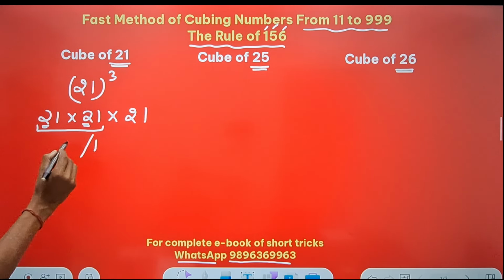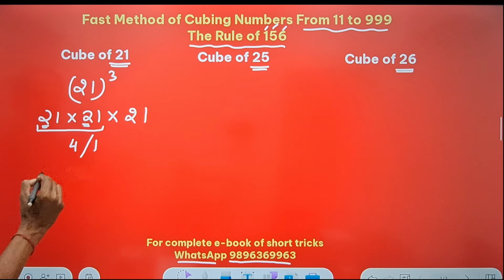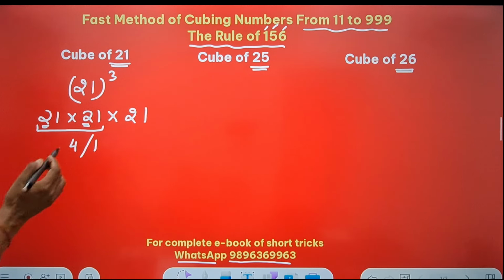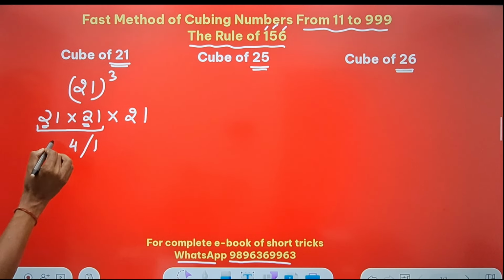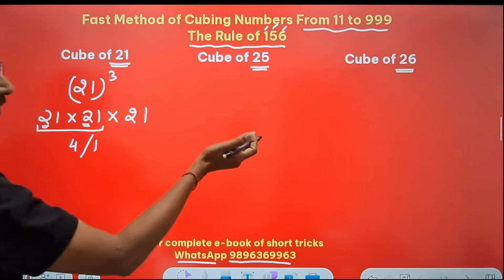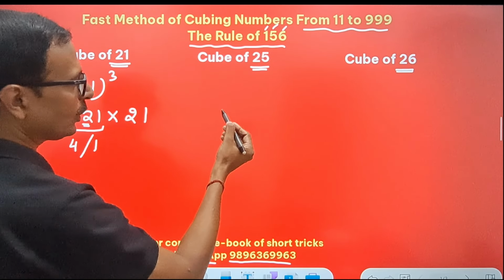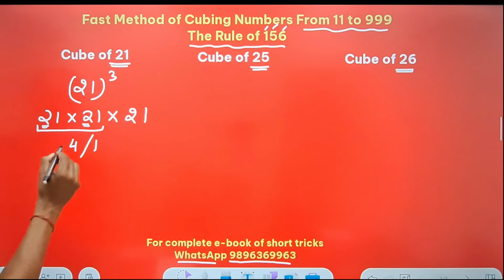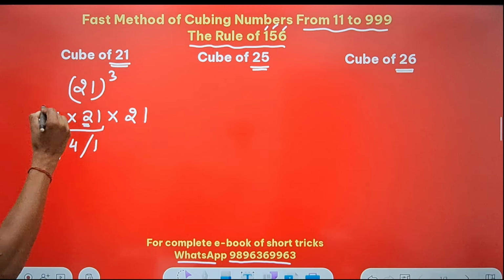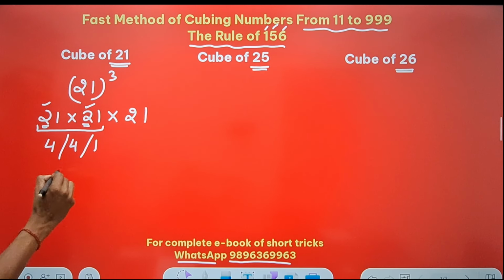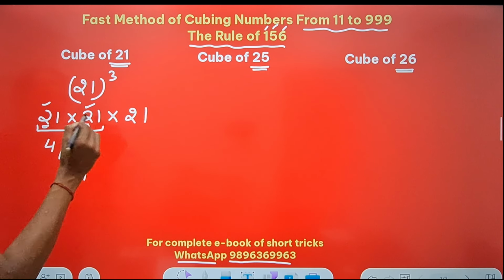So 2 plus 2, 4, and because the number here ends in 1, you don't need to multiply it by 1. But here, because it ends in 5, you will be doing multiplication by 5. And finally, 2 times 2 is 4. So 441 is the square of 21.